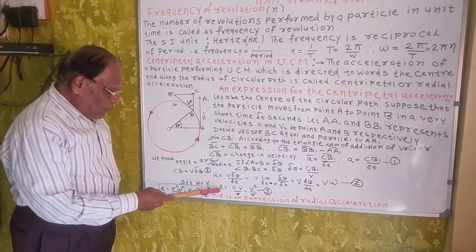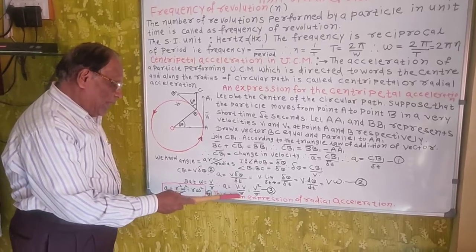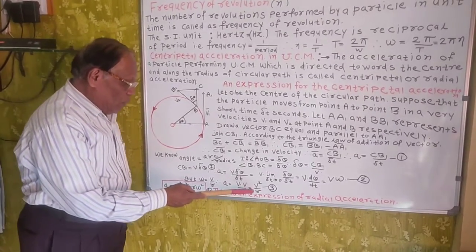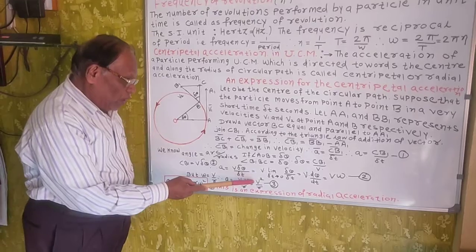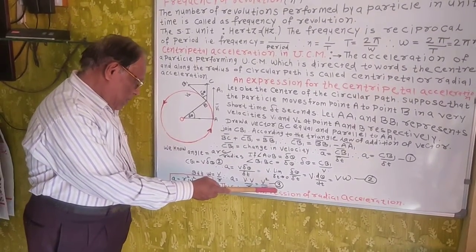That is, a is equal to v into v divided by r, or is equal to v square upon r. That is equation number 3.